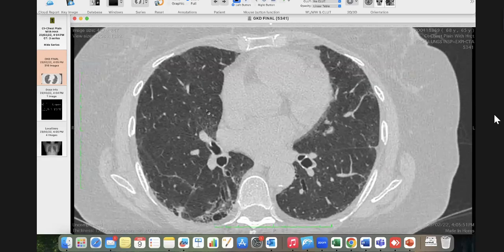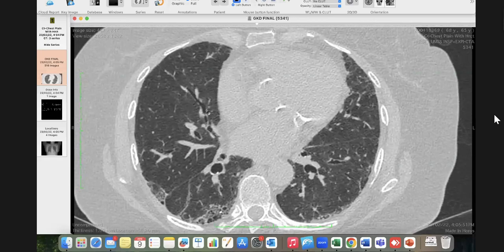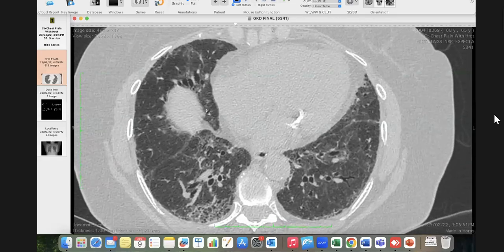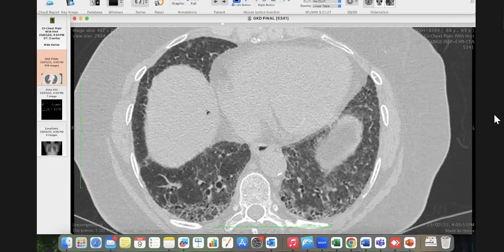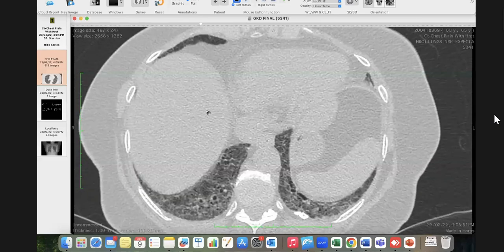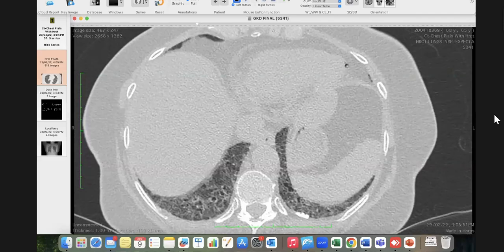More findings as we go down. And there is ground glassing in the lower lobes, along with traction bronchiectasis. The world would differ whether I'm calling this traction bronchiectasis or I'm calling this honeycombing.